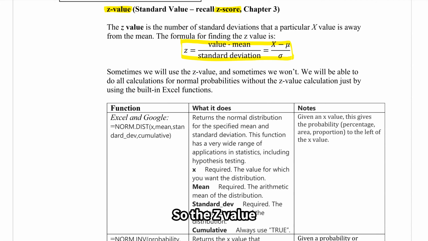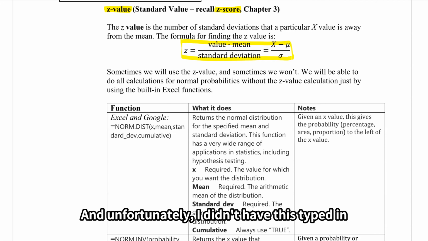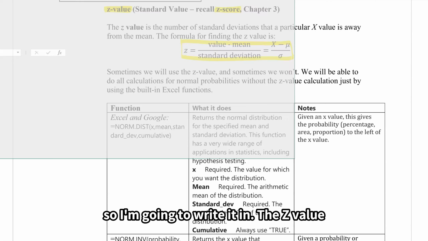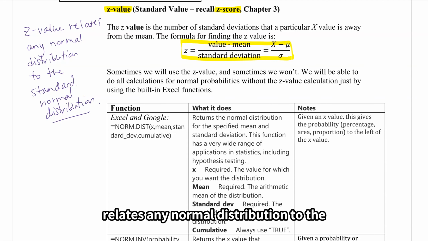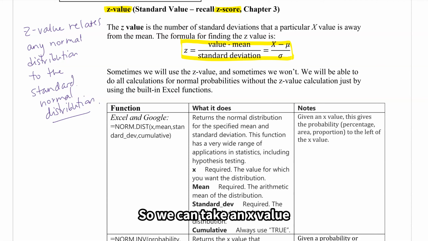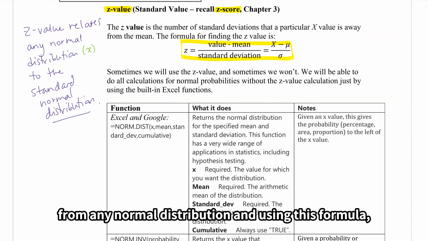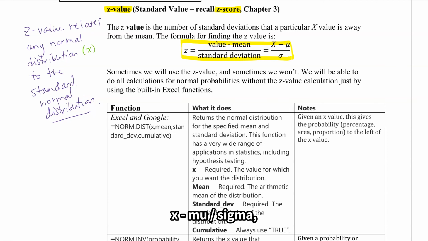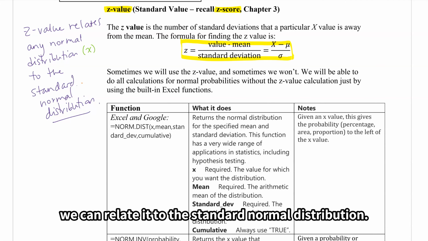So the z-value, and unfortunately I didn't have this typed in, so I'm going to write it in. The z-value relates any normal distribution to the standard normal distribution. So we can take an x value from any normal distribution, and using this formula, x minus mu divided by sigma, we can relate it to the standard normal distribution.